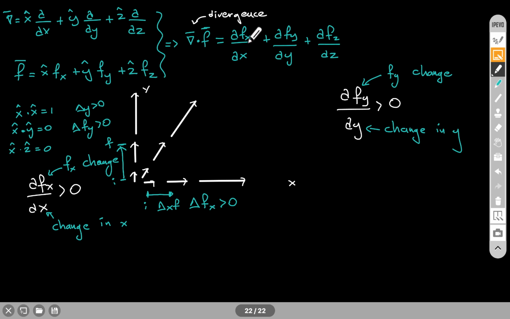And at the end, if you add three positive numbers, in this example, you get that the divergence of the function f will be, okay, I'm not using any specific function here. The only thing that I know is that this needs to be a positive number for that particular example.